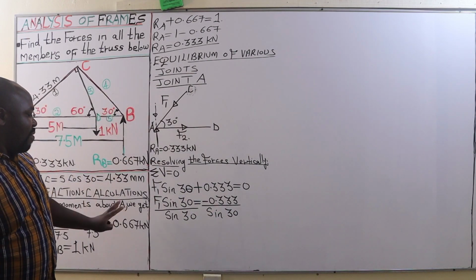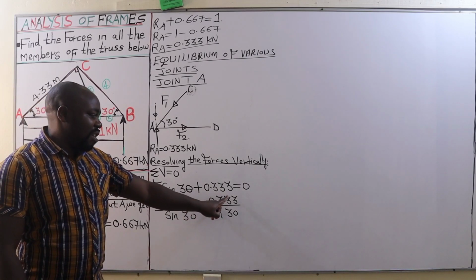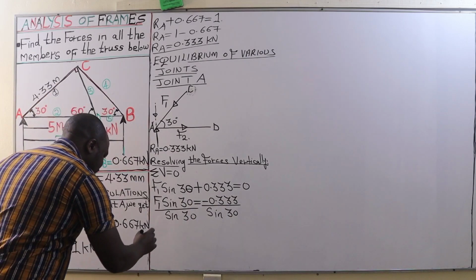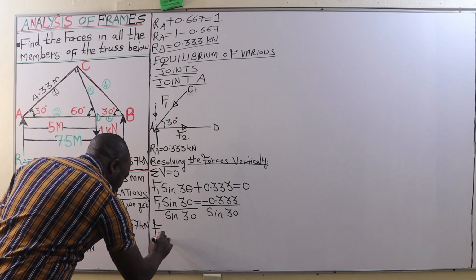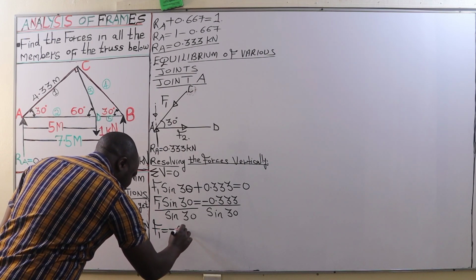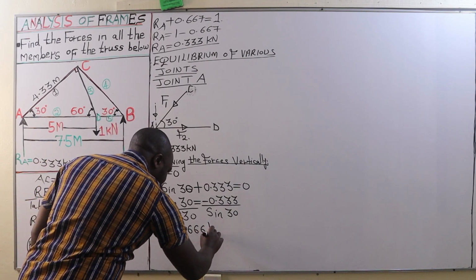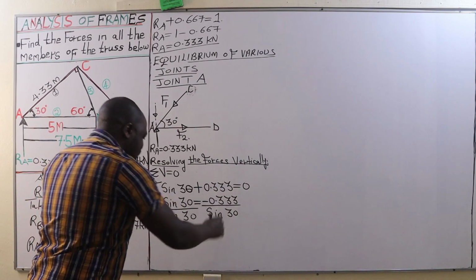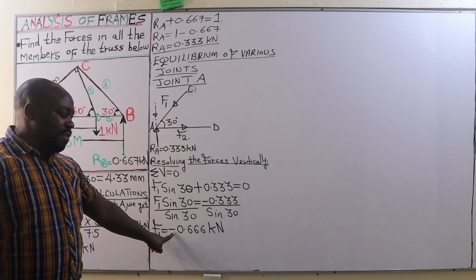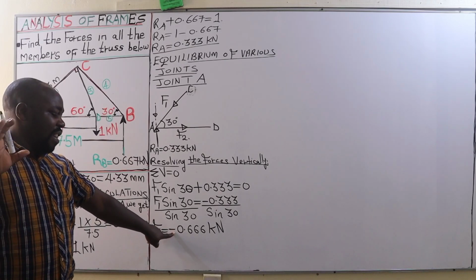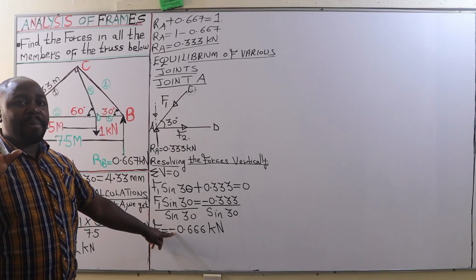When we divide 0.333 by sine 30, that gives us a force of negative 0.666 kilonewtons. And we say that negative shows that the force is compressive.